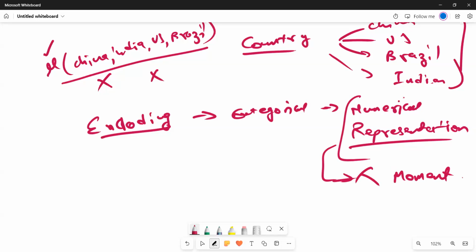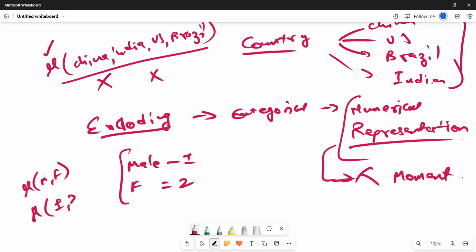Because let's say if I replace male with 1 and female with 2, and I again ask you to calculate the mean of male and female, you cannot do that. At the same time, if I ask you to calculate the mean of 1 and 2, you can of course do this, because mathematically these are numbers.